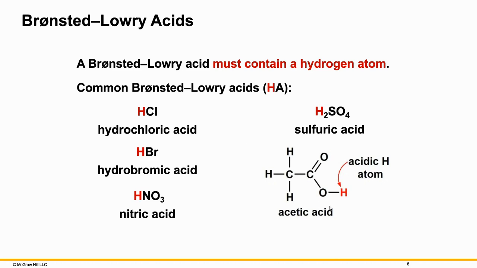We often abbreviate this as HA, with chlorine, bromine, nitrate, sulfate, or acetate as the other piece of the acid. The important part for a Bronsted-Lowry acid is this hydrogen. Does it give away a hydrogen? Then it's the Bronsted-Lowry acid.